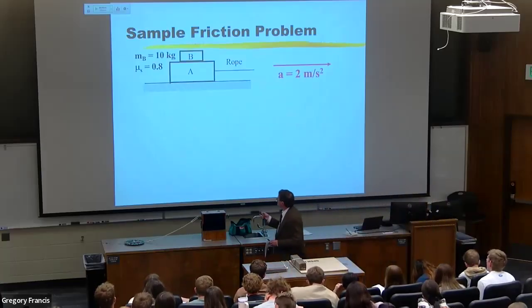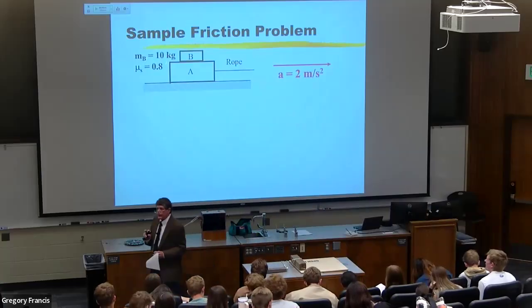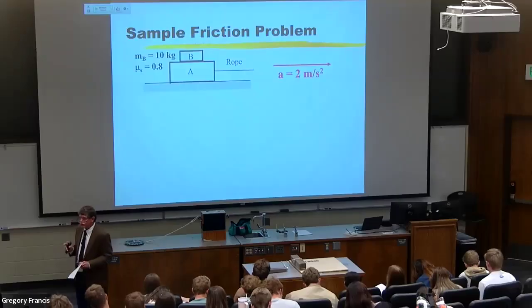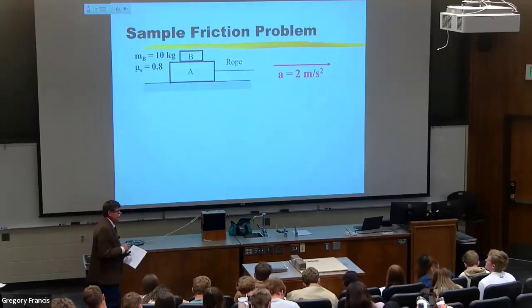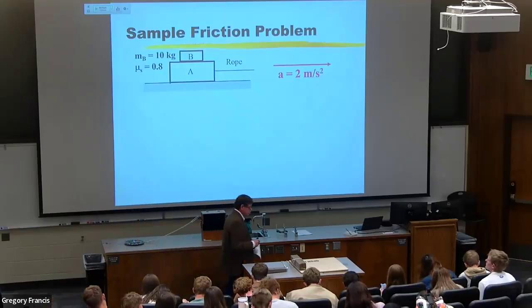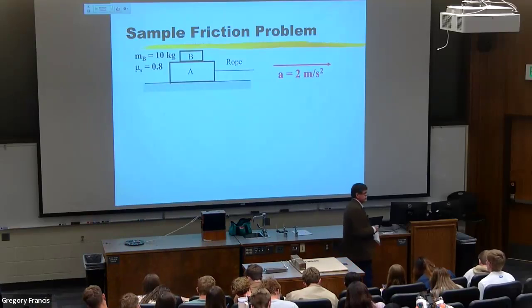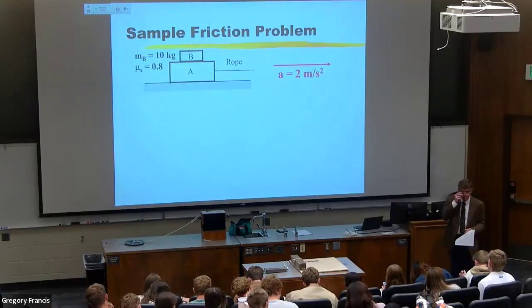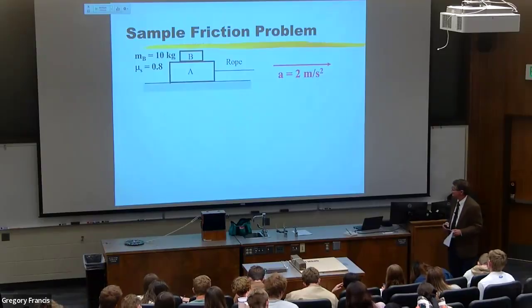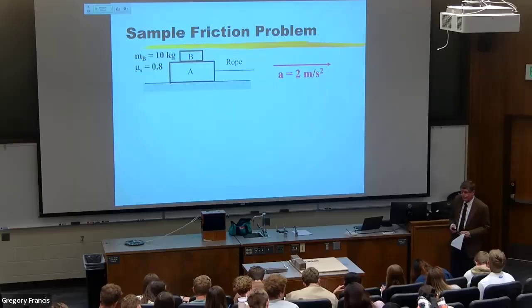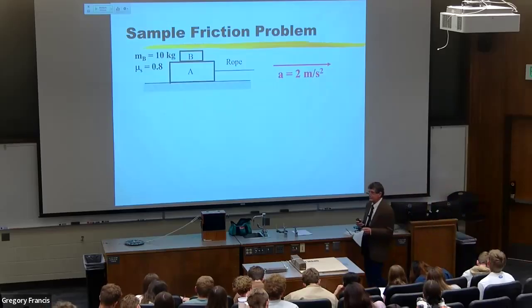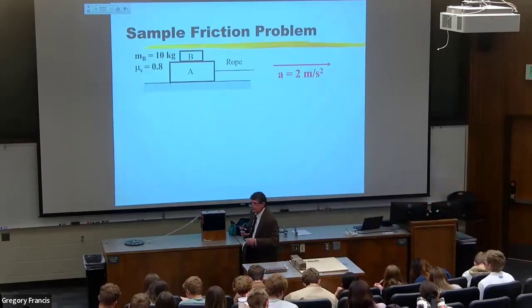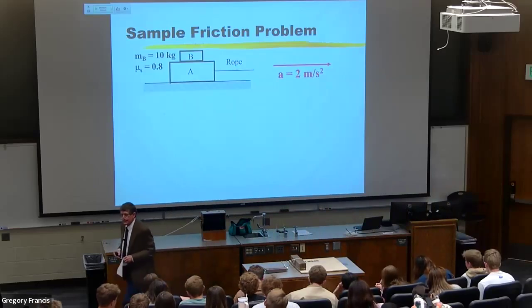In this case, that's going to be block B. So quickly, just draw a free body diagram for block B. Don't worry about block A right now, just block B. Remember, we're told that the coefficient of static friction between A and B is large enough that they move together. They move together as one.